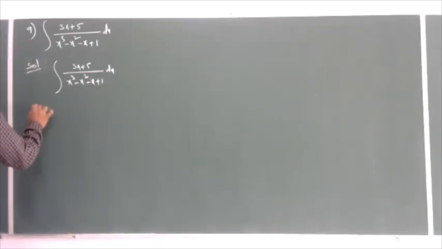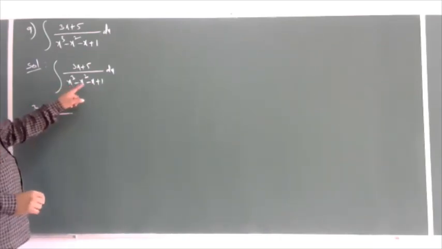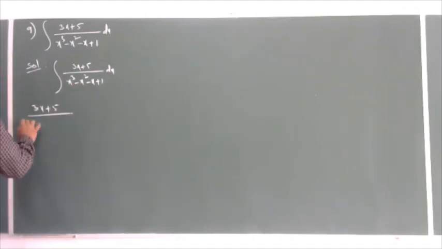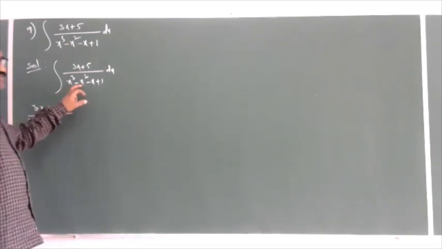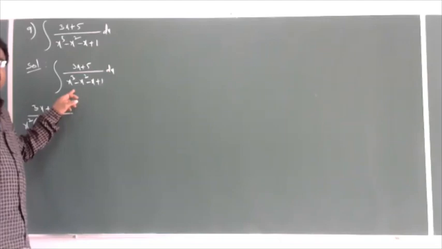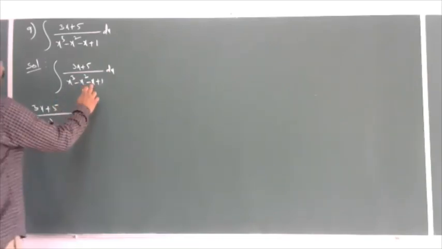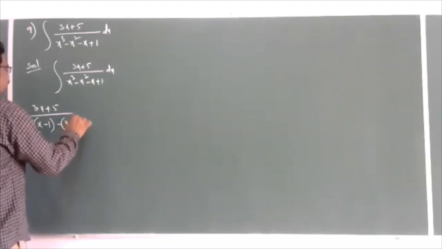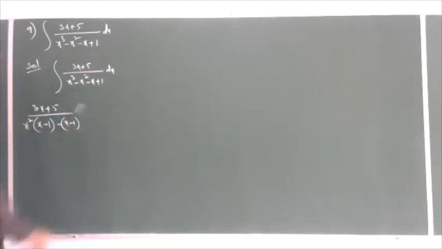Take the denominator separately. From the first two terms, you take x square common, so you get x square into (x minus 1). From the other two terms, you take minus common, minus of (x minus 1).